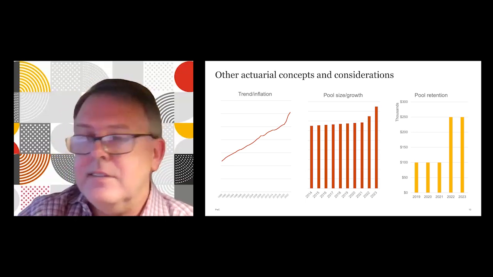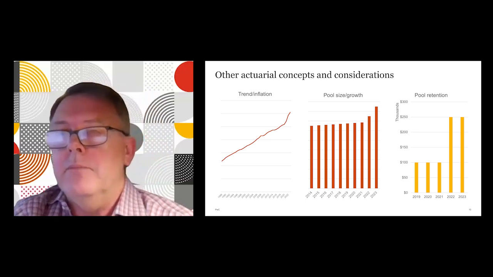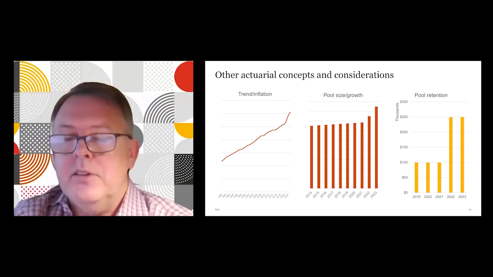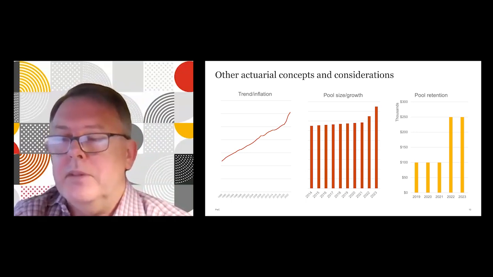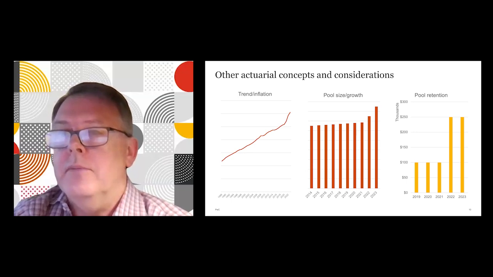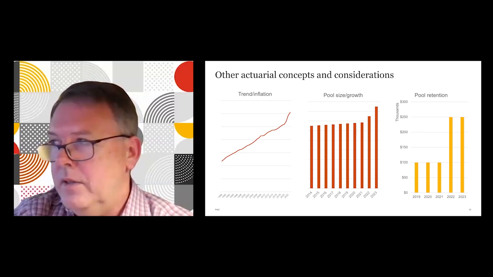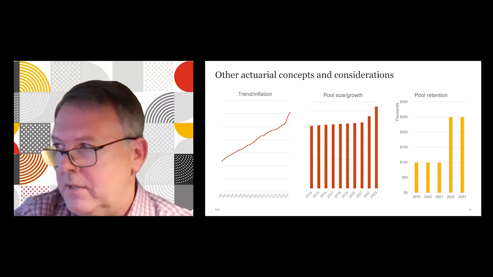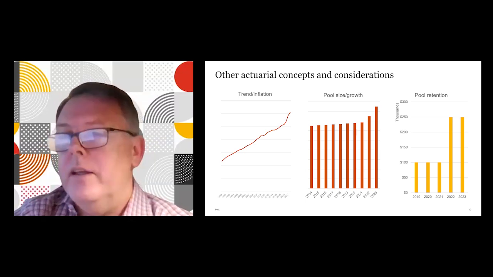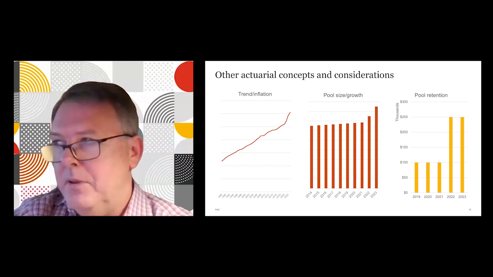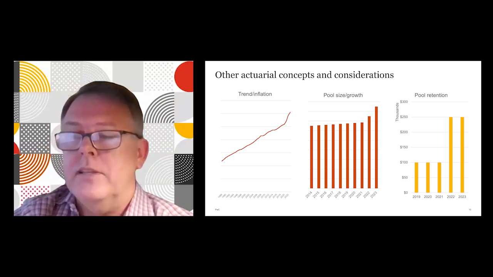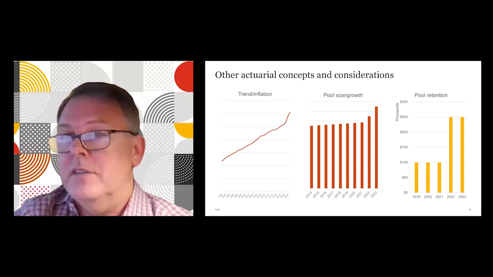And then lastly, another thing would be the pool retention. So the pool is responsible for the claim, but typically the pool buys something called reinsurance, and they call it a self-insured retention, and you can think of it like a deductible. And so in these older years, 2019 through 21, under this example, the pool had a $100,000 retention, meaning they were responsible for the first $100,000 of losses.